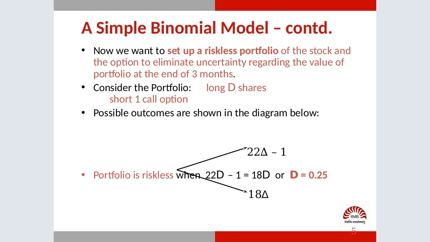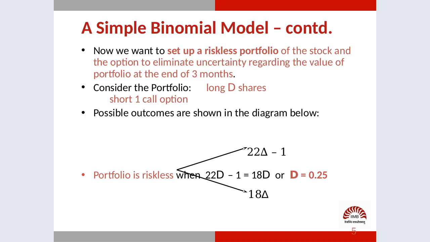Now, when the asset price goes to 22, how much is the value of the shares? Remember, I bought delta shares, so the value of the shares will be 22 delta. I shorted the call option, so I will lose 1, because the benefit from the option in the event the price goes to 22 is 1.